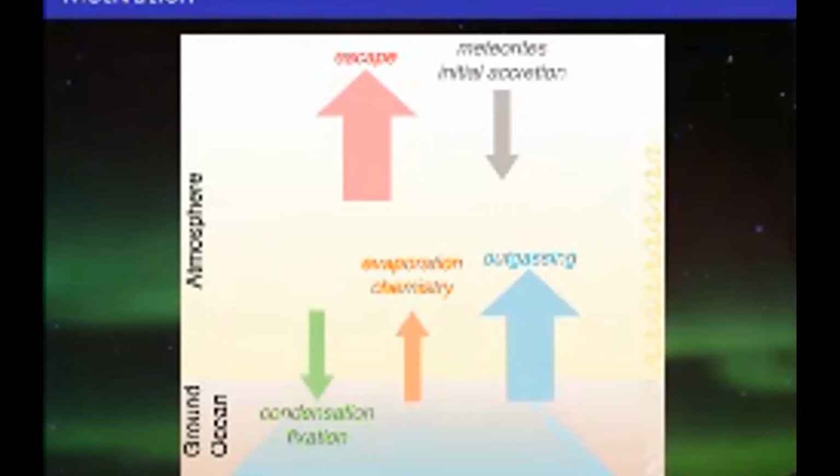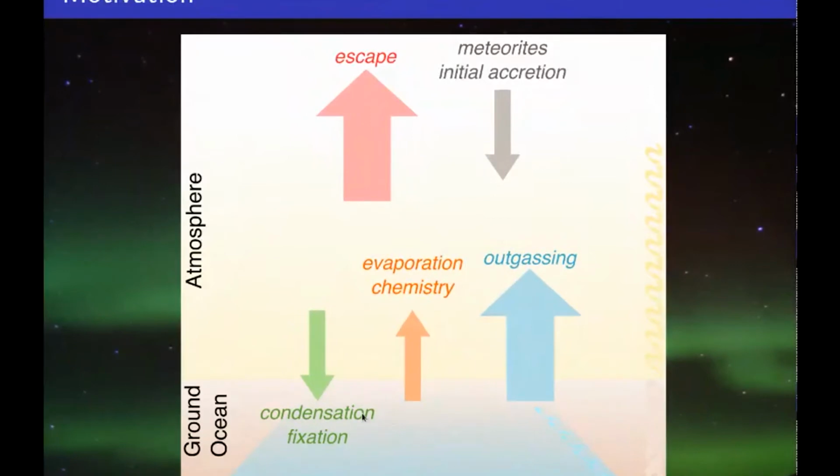It's not a perfect equilibrium because there is some dynamics, but we need to understand the atmosphere as the result of all the exchanges: outgassing, escape, the initial accretion, condensation, and evaporation. If, for example, the escape is too big, we won't be able to have an atmosphere. Or if we have only condensation, no evaporation, no outgassing, we can also totally lose the atmosphere. So the escape is a big problem, but we have to remember it's only a part of the equation of having an atmosphere.